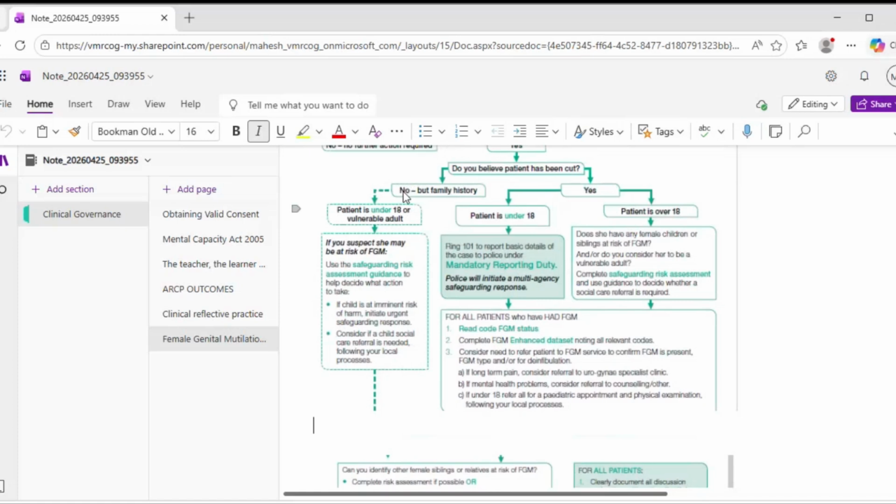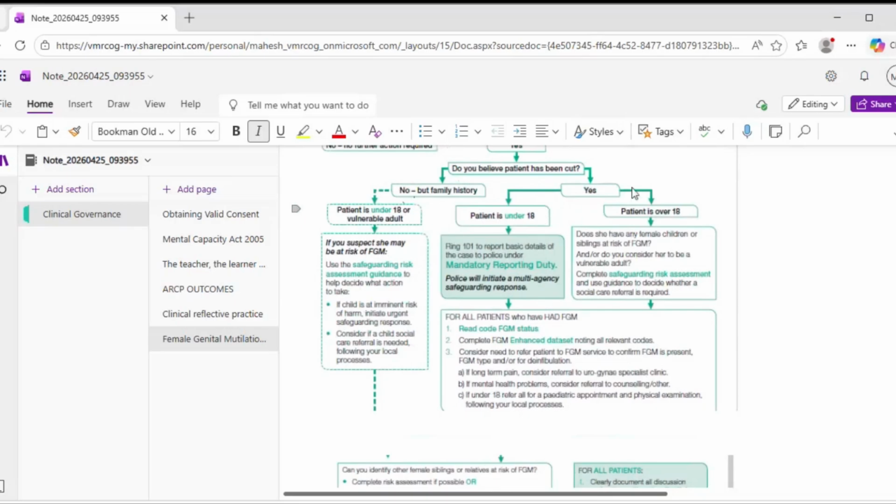What question are we going to ask: whether she comes from the community where FGM is practiced. If the answer is no, don't bother about it, that's finished. But if she comes from the community, whether she has undergone FGM or not, if she has not undergone FGM but there is a family history, she is coming from the community, then irrespective of her age, we are going to do a safeguarding assessment.